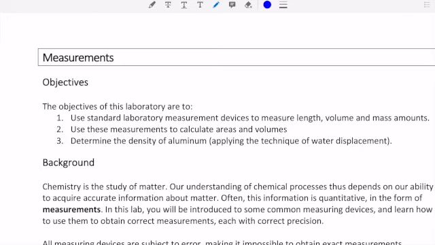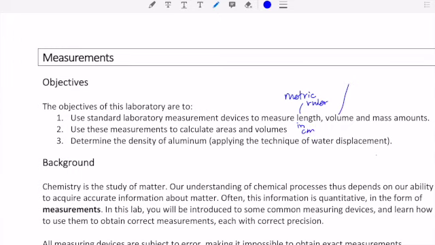In the measurements lab, the goals are to use measurement devices like a ruler to measure length. Let's turn this on. So we're going to use a metric ruler to measure length in centimeters.